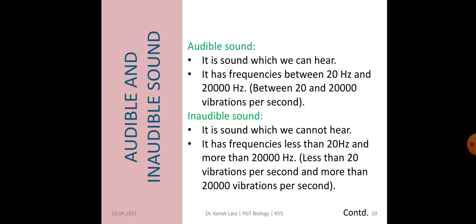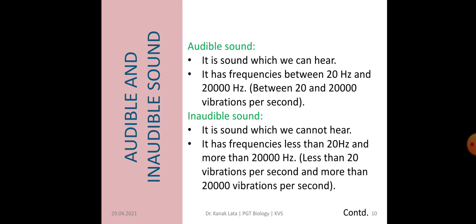Now it is about audible and inaudible sound. Audible sound is the sound which we can hear. Audible sound has frequencies which lie between 20 Hz and 20,000 Hz. It means that it is between 20 and 20,000 vibrations per second.